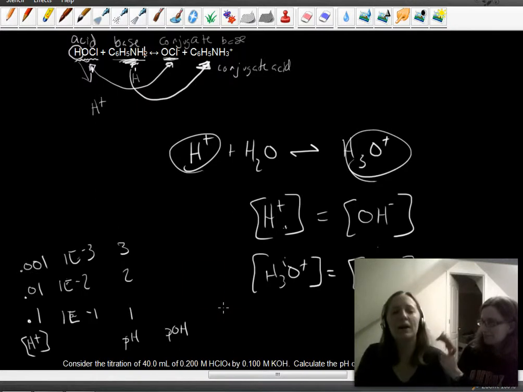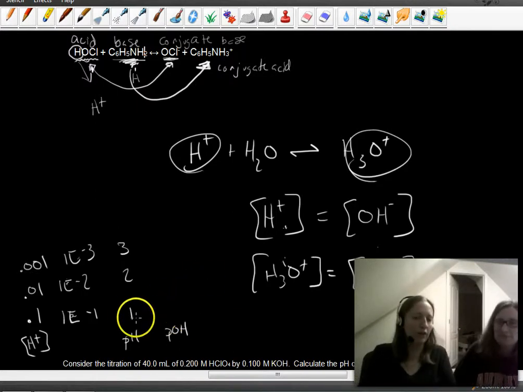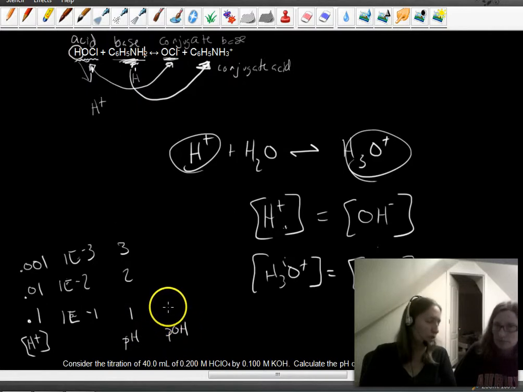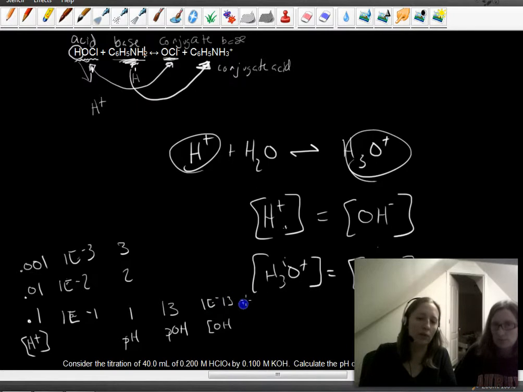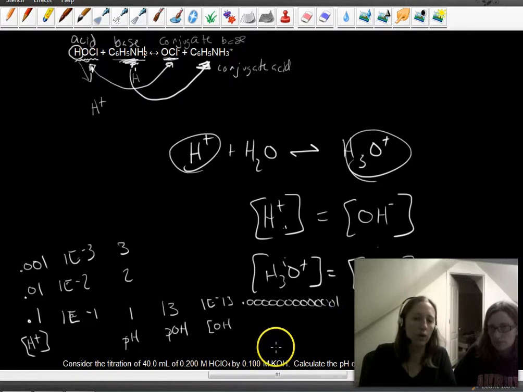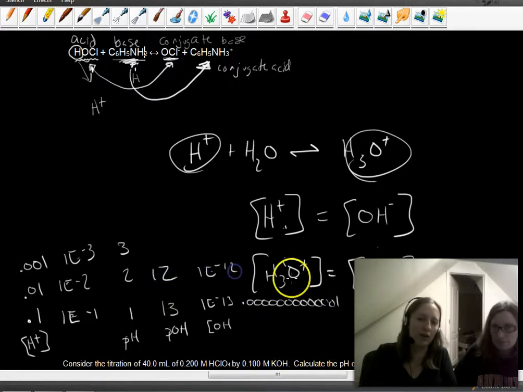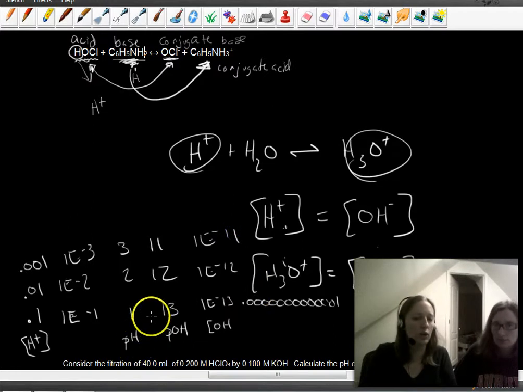Your pOH is the opposite scale, and when you add them together, they always add up to 14. So your pOH is 13, which means that your concentration of OH minus is 1e to the negative 13, or 0.1, 2, 3, 4, 5, 6, 7, 8, 9, 10, 11, 12. Your pOH here would be 12, 1e to the negative 12. I'm not doing all those, but it gets one less, and this is 11, and this is 1e to the negative 11. So your pH and your pOH always equals 14.